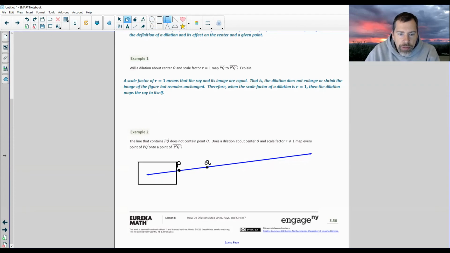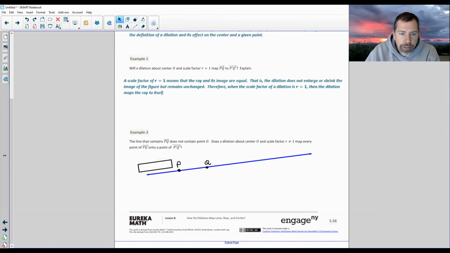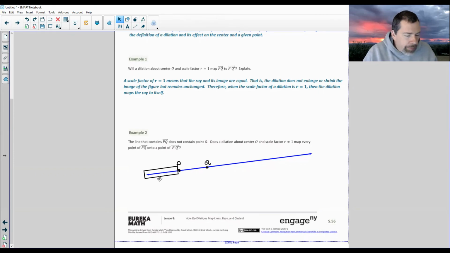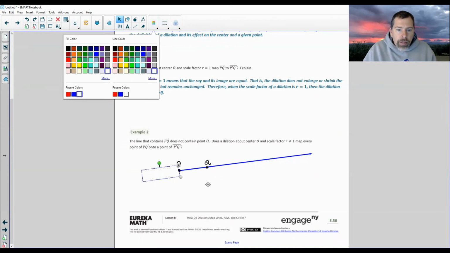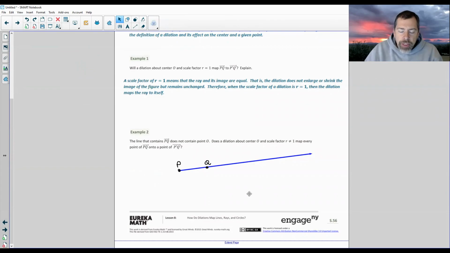Let me just do this. I'm just covering it up so you can see what's going on here. So if I cover this, like so, okay, there's ray PQ, but if I move that box, that's line PQ.